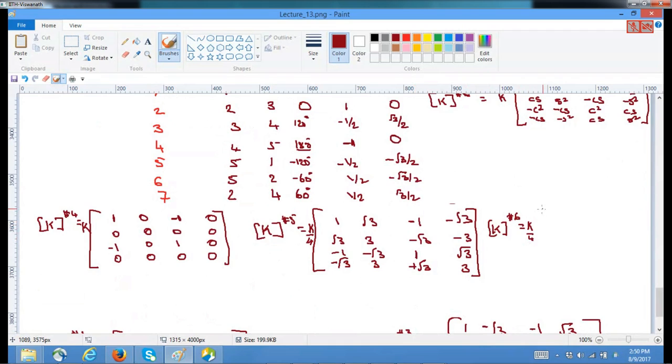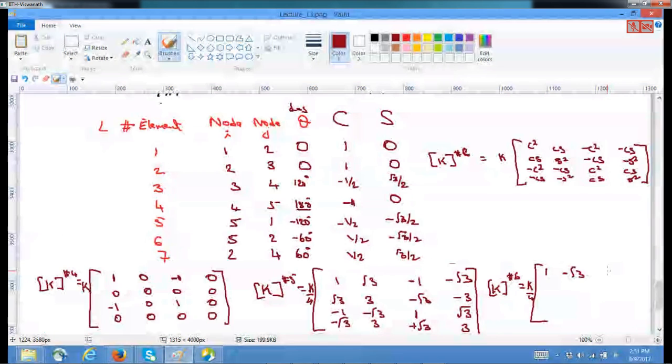This is for the sixth element, this is 1 and this is minus root 3, so this would become 1 and this is minus root 3 and this is 1 plus root 3. This is minus root 3 by symmetry, sorry, this is minus 1, this is minus 1, this plus root 3, and sine square is 3 and this would be plus root 3 minus 3.